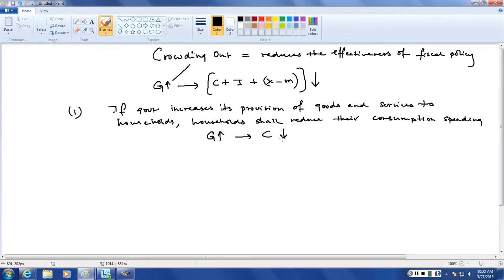And before I talk about these complicated stories, I'd like to remind you of the connection between the rate of interest, R, and consumption spending, investment spending, and also net exports. What is the connection between the rate of interest and, let's say, consumption spending? If the interest rate rose, what would happen to consumption spending? It would decrease.